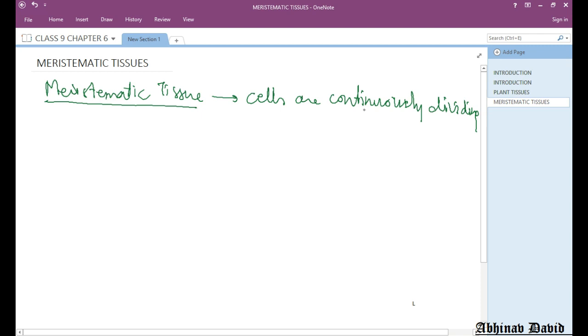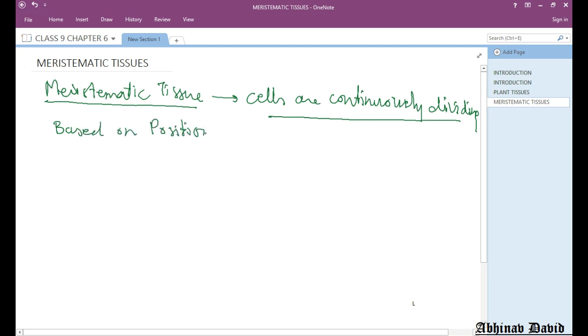They don't stop division. If they stop division, they are not called meristematic, then they are called permanent. So cells are continuously dividing throughout the life, and these tissues are again divided into three categories based on position.